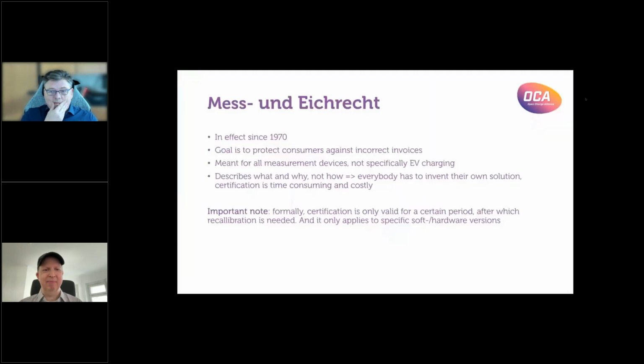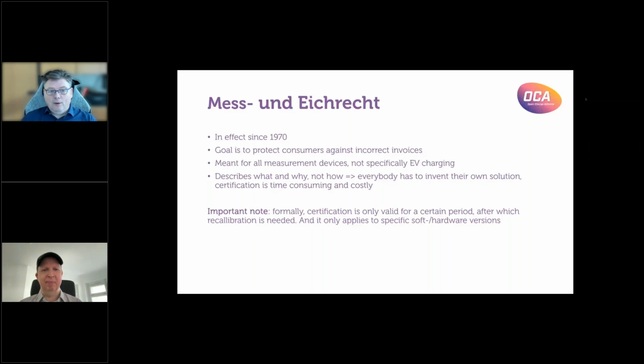So actually this effort started out as an attempt at a white paper from measurand Eichrecht, which is the German calibration law. It's a law that has been in effect since 1970, so way before EV chargers. It has nothing to do with EV chargers.